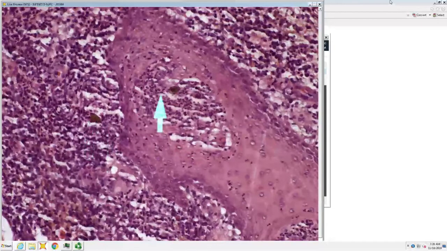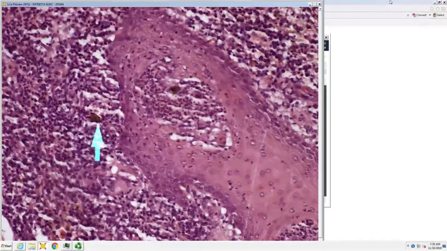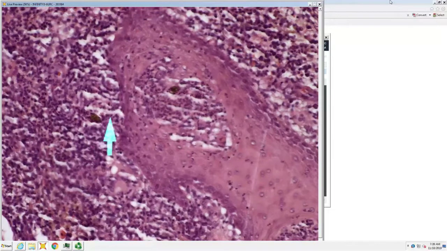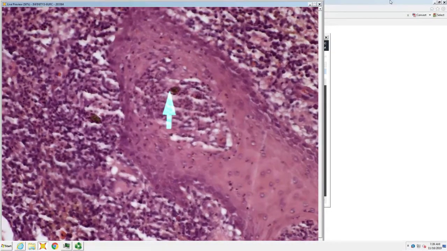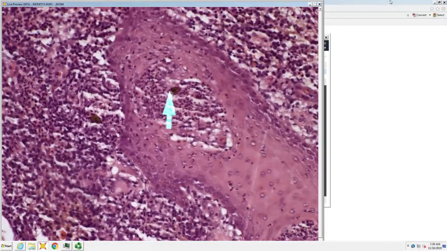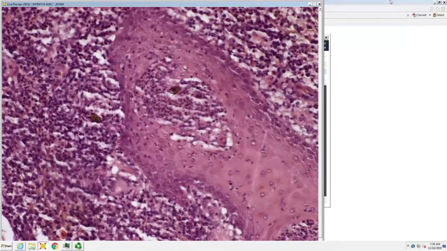So copper pennies, which go with chromomycosis. And you can see they divide by bilateral fission. There's a little line right across the middle. And so that copper penny goes with chromomycosis.